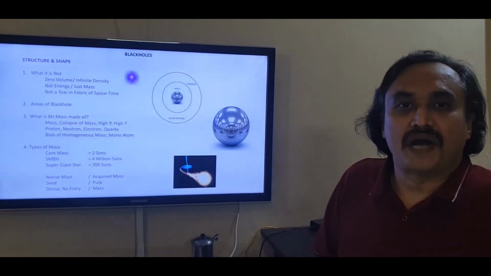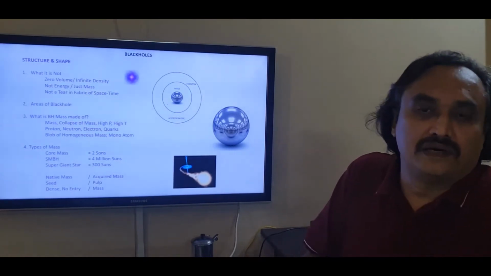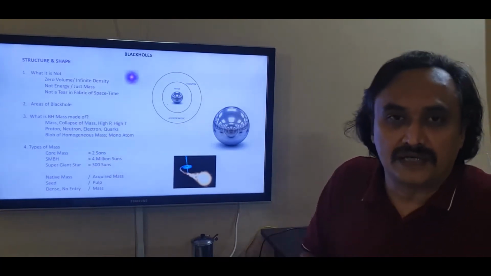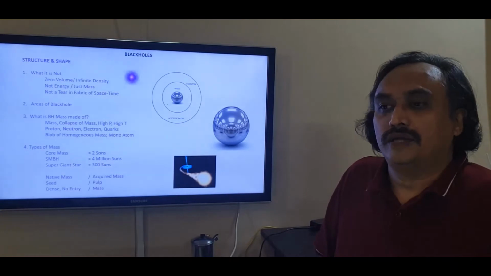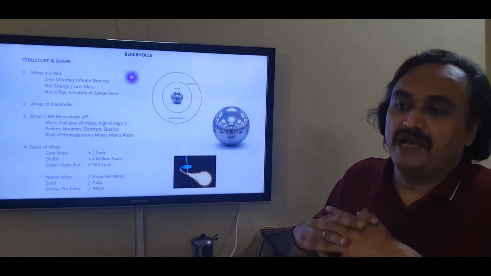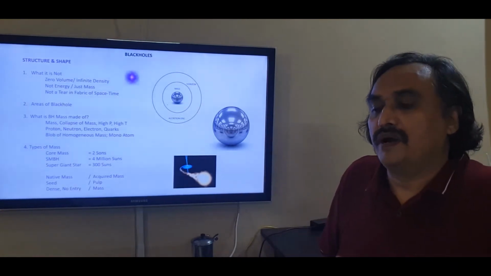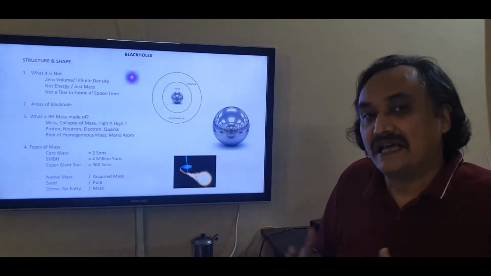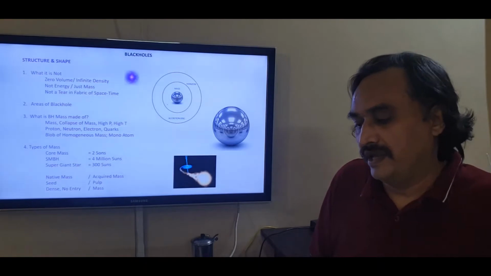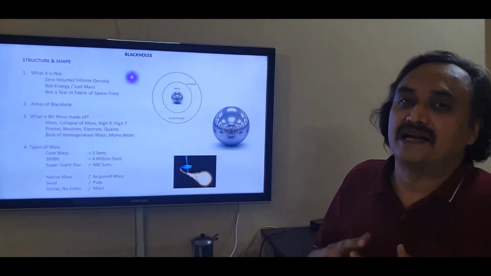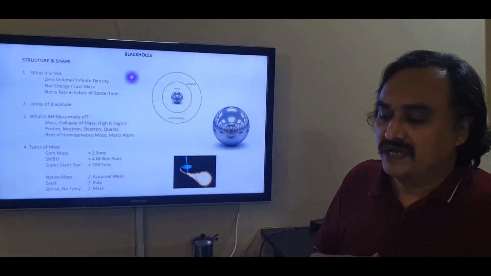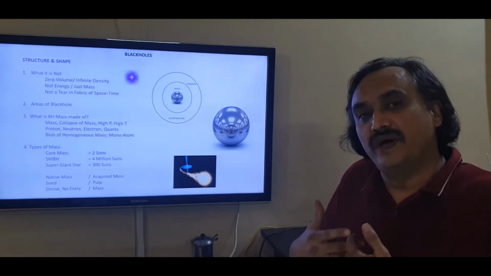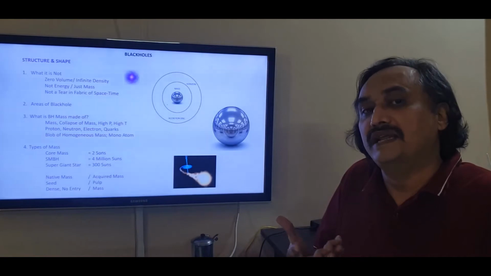Agreed that it could have started from a bigger star. The 2 suns is the basic minimum; anything beyond that becomes a black hole. But how heavy could a star be? The supergiant stars that we have come across in the universe weigh not more than 300 suns.